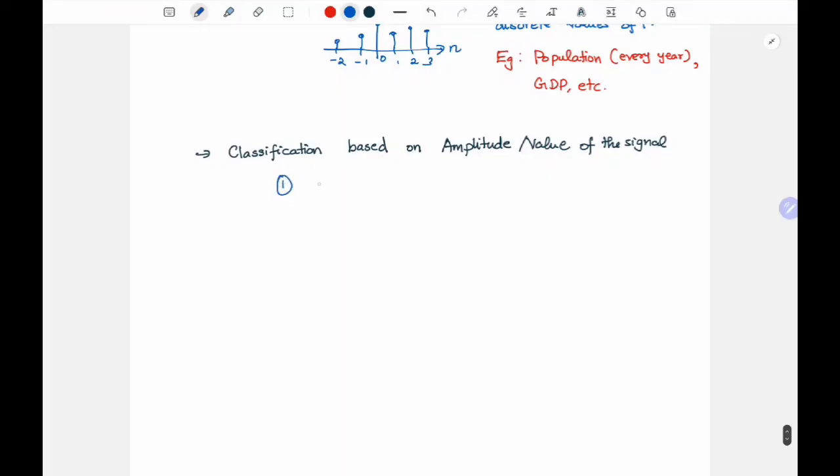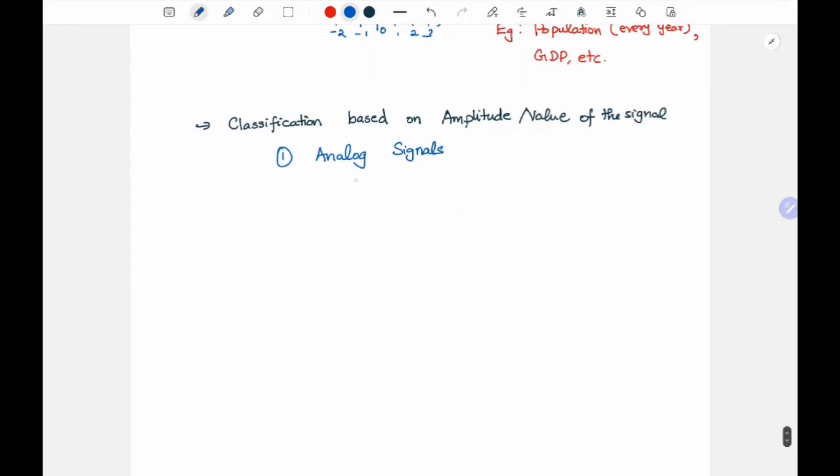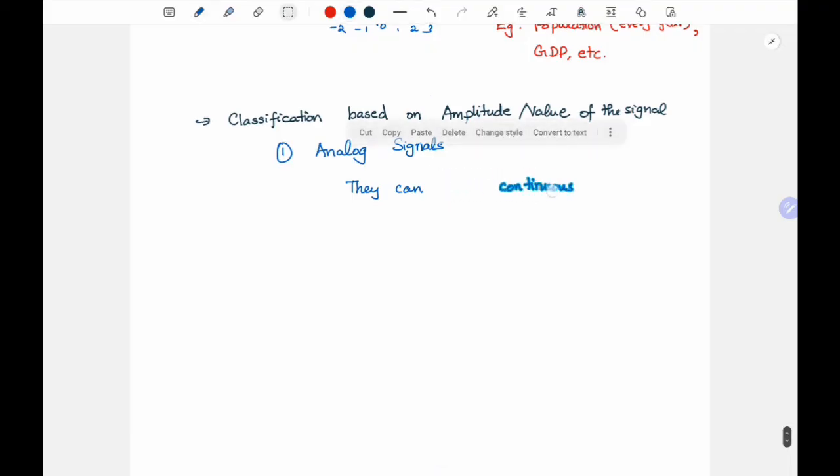The first one is analog signals. Analog signals can take continuous values of amplitude.